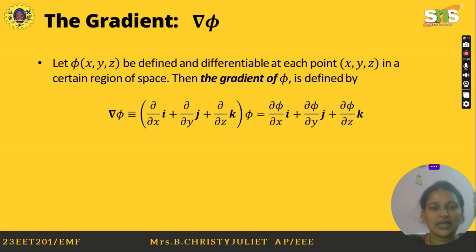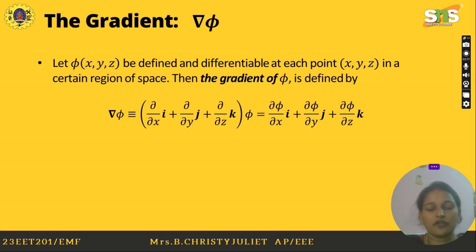Now we will see about gradient. In general, gradient is an operation performed on a scalar. For example, let phi of x, y and z be defined and differentiable at each point x, y and z in a certain region of space.